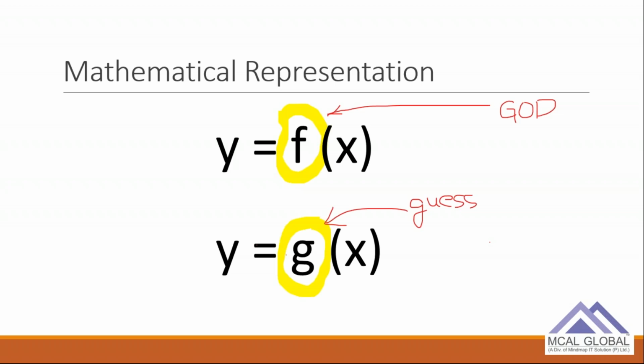Now in machine learning there's always a universal truth, or you could say the ideal function that is predicting your output. For example, if you're an atheist, you want to believe that, but if you believe in God, you'll probably think that God knows everything about this universe, right?